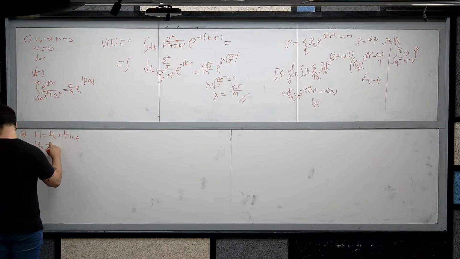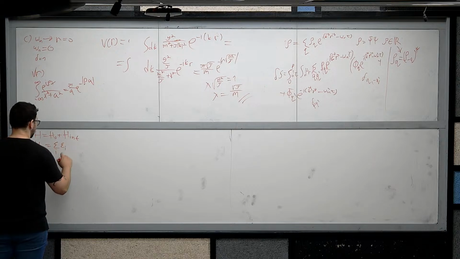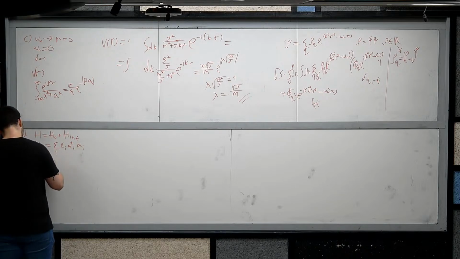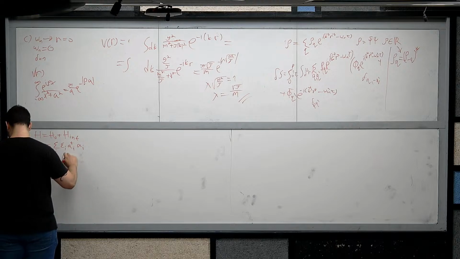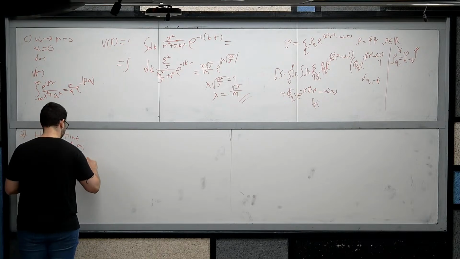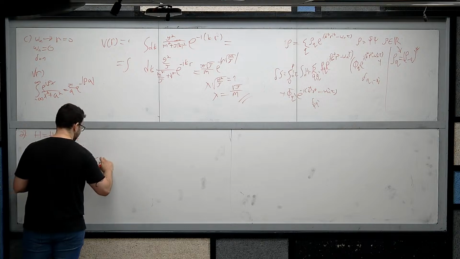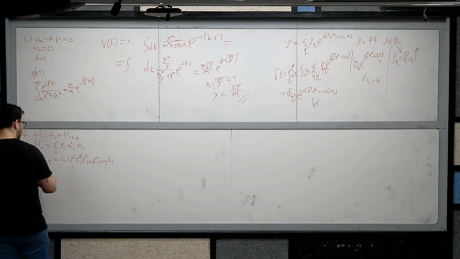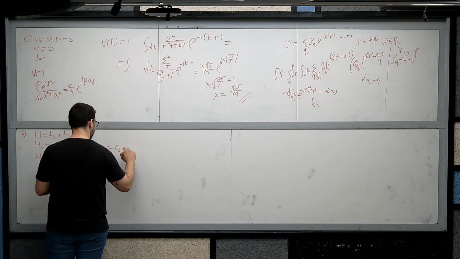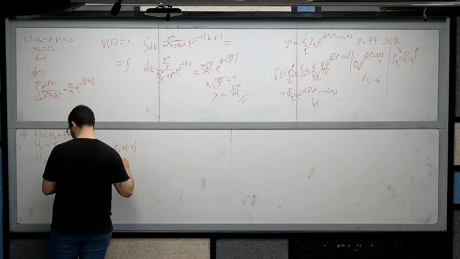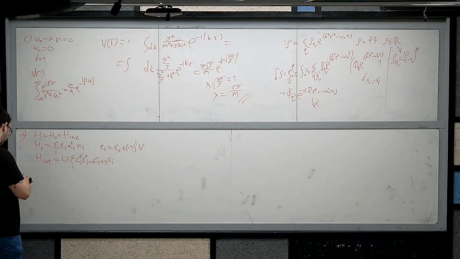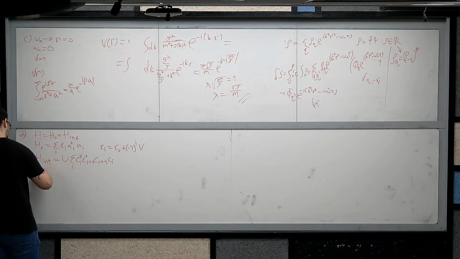H0 is equal to the sum over i of the hopping terms, and the interaction term is equal to U times the sum over i of c i dagger c i plus 1 dagger c i plus 1 c i, where epsilon i is equal to epsilon 0 plus minus 1 to the power of i times V. This is what we're given.